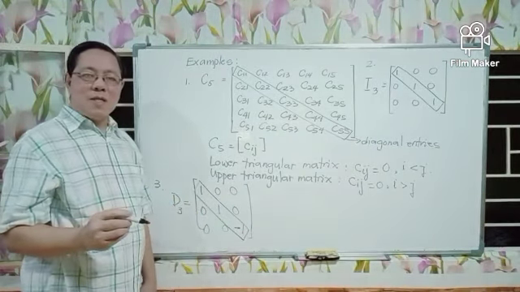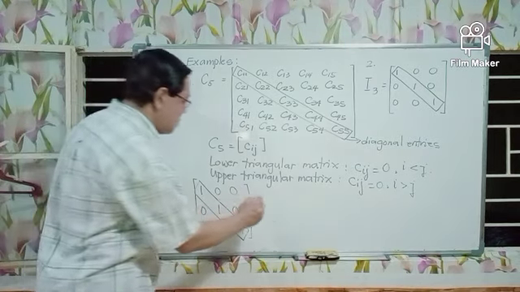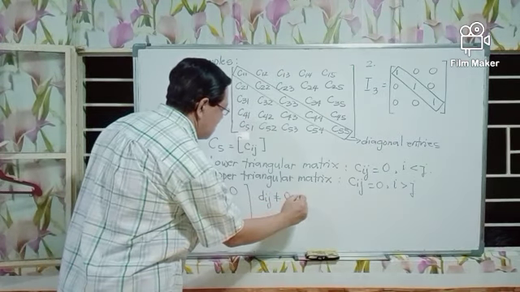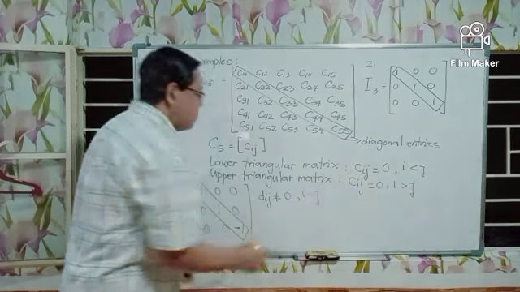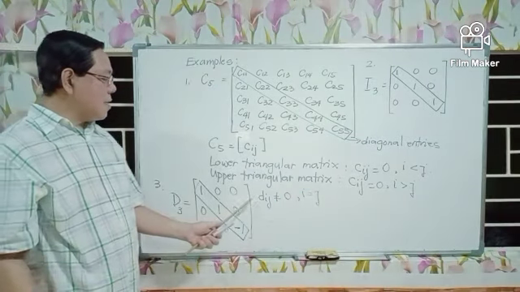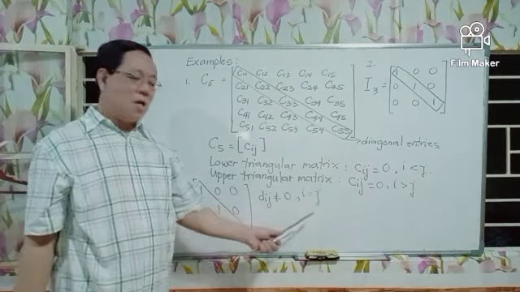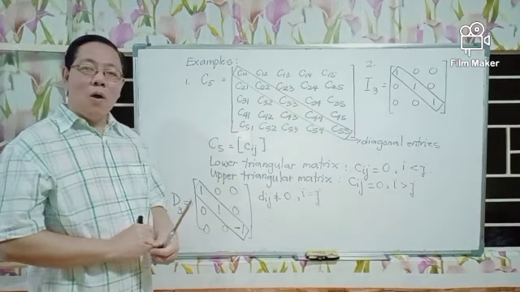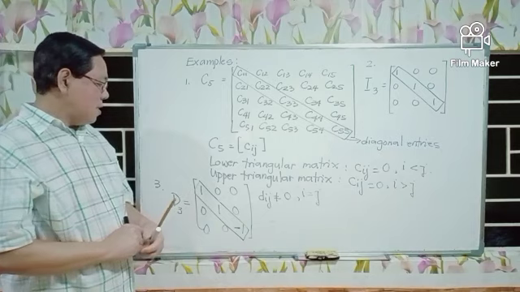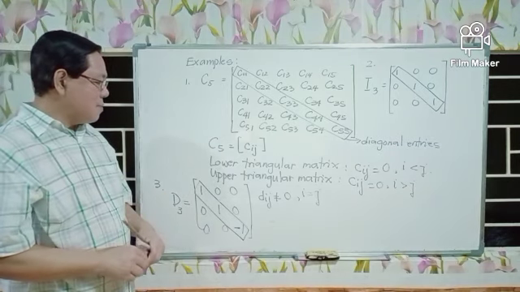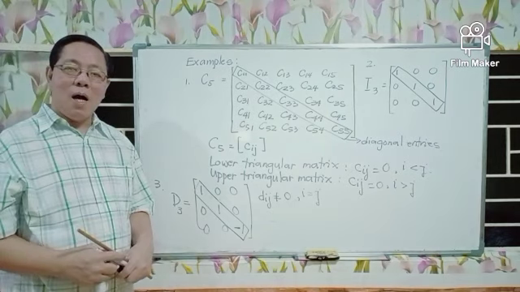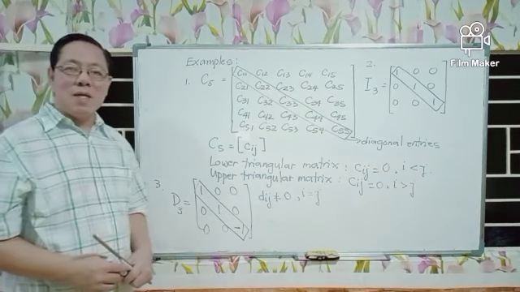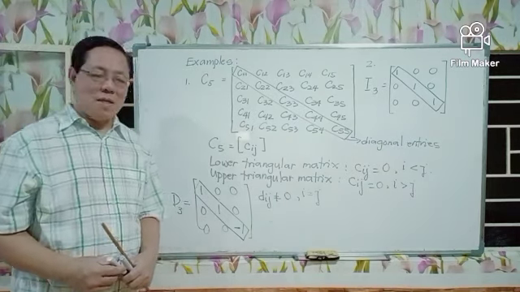Hence the condition that the entries d sub ij for i equals j are not all equal to 0 is satisfied. And the entries d sub ij where i is not equal to j are 0 is satisfied also by D sub 3. Hence D sub 3 is a diagonal matrix.